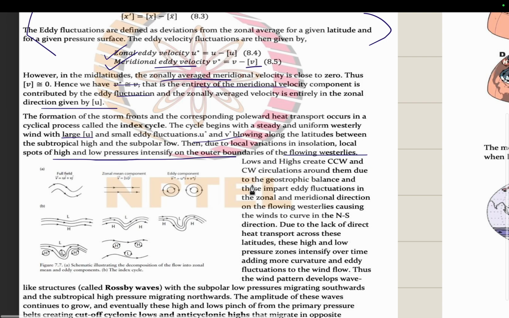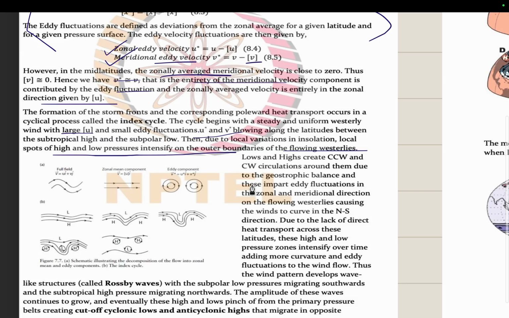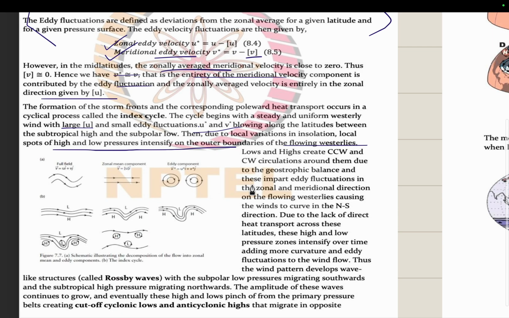Lows and highs create counterclockwise (cyclonic) and clockwise (anticyclonic) circulations around them due to the geostrophic balance.